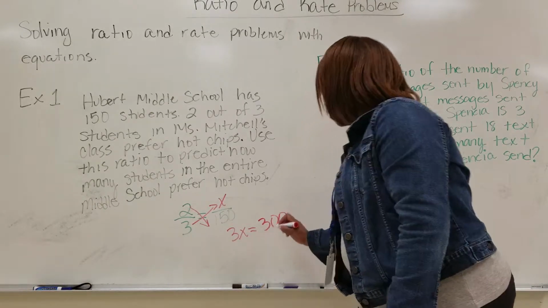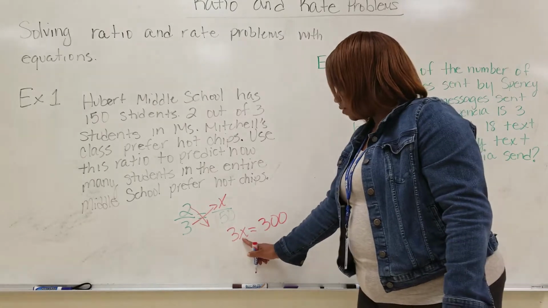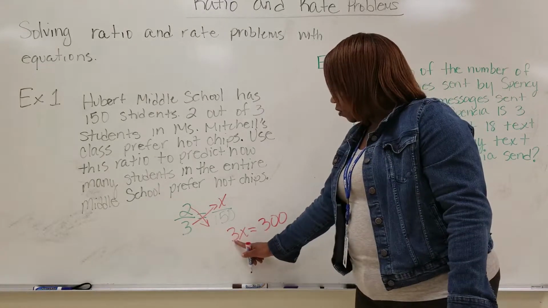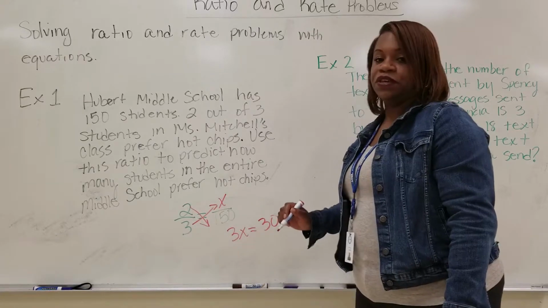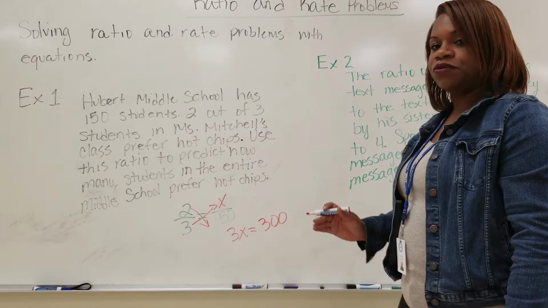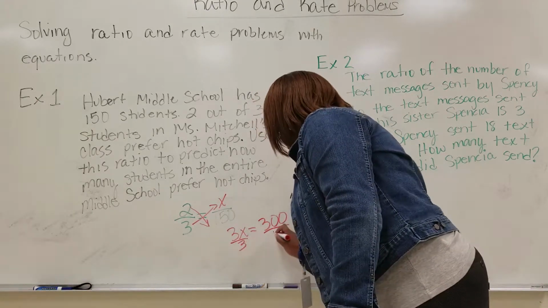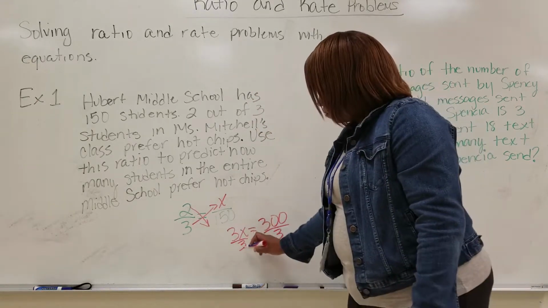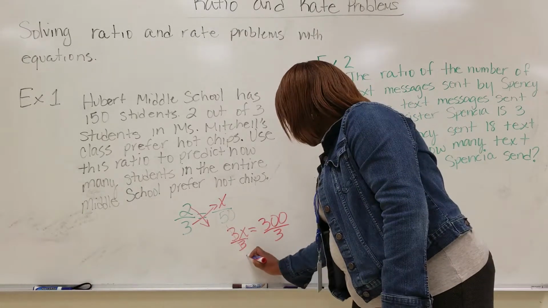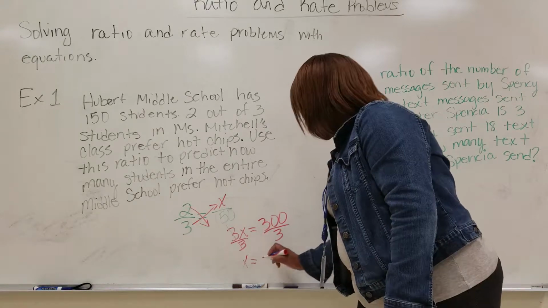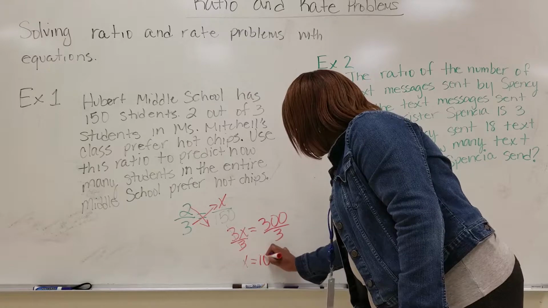And from here, we have to divide by whatever is attached to this variable. And the coefficient or number that is attached to this variable happens to be 3. So we have to divide by 3 on both sides. 3 goes into 3 one time, so they cancel out, and we're finally left with X. 300 divided by 3 will give us 100.